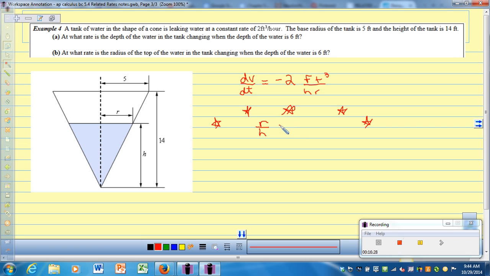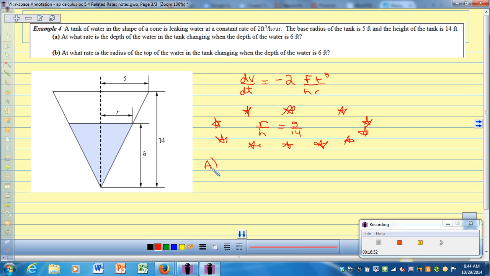So, this little equation that we're writing right here, what is the radius? 5. What is the height? 14. It becomes very useful in getting our volume into one variable. All right. So, part A says, at what rate is the depth of the water in the tank changing?